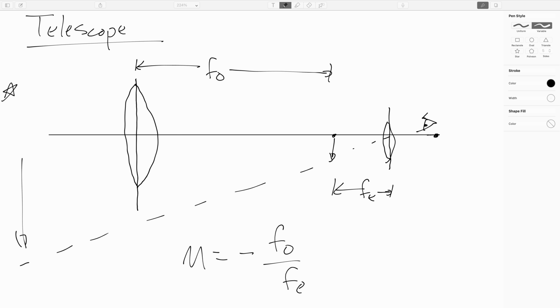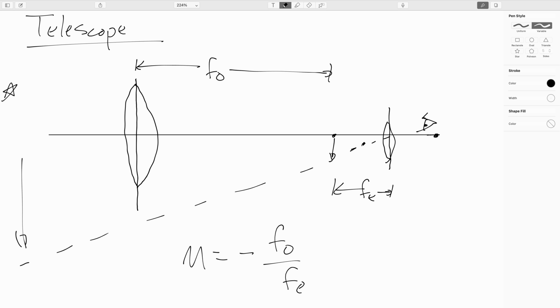But as a practical matter, you're not going to be able to get anywhere near whatever the specified power of the telescope is unless, say, you are out in the middle of a desert and you've got very smooth airflow and stuff like that.